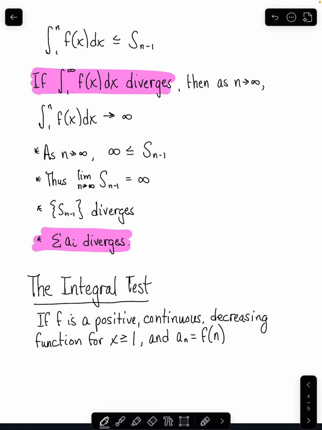If these things are true, then the series and the integral from 1 to infinity either both converge or both diverge.